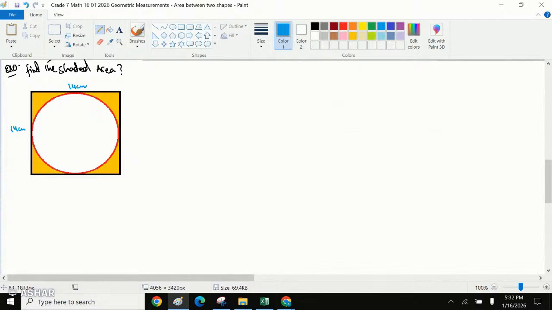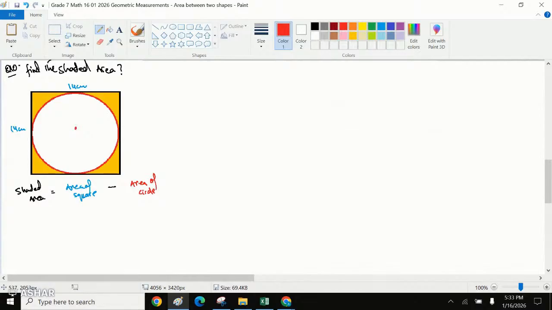If the values are given as 14 centimeter by 14 centimeter, that means the outer shape is a square. So the shaded area would be equal to the outer area, the area of the square, minus the inner area. If this is the center, the area of the circle. Agreed.